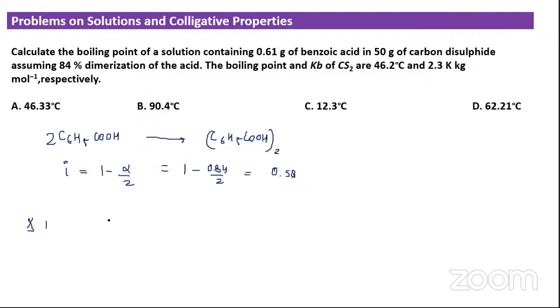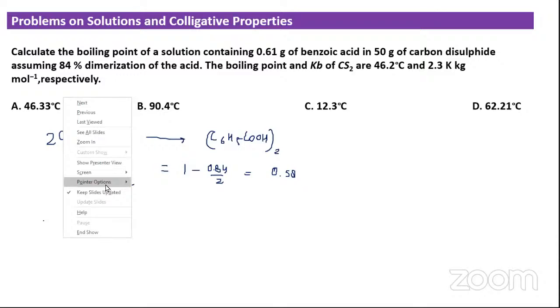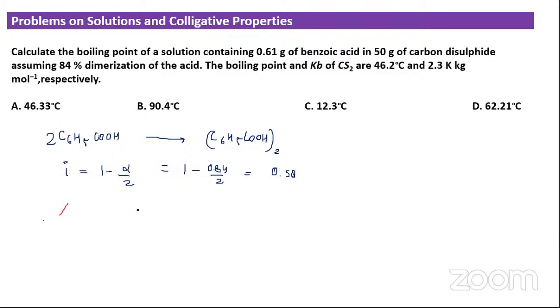Then you find delta Tb is equal to i into Kb into m. i is 0.58.